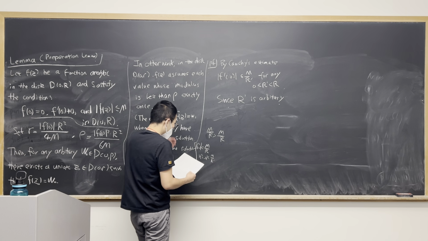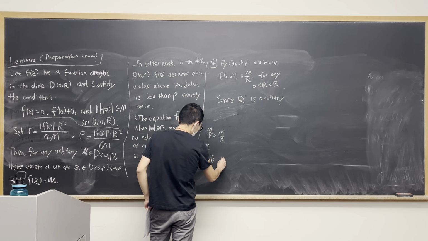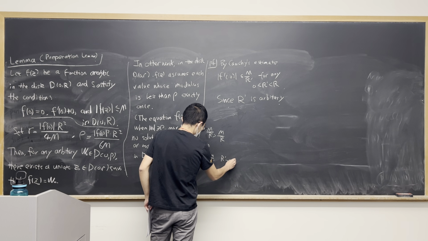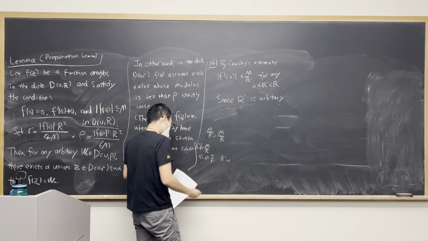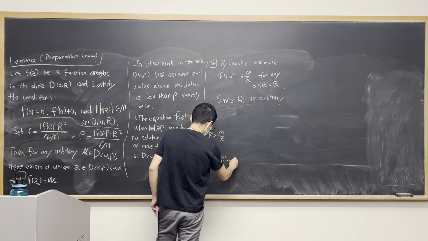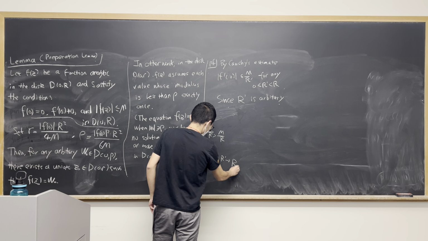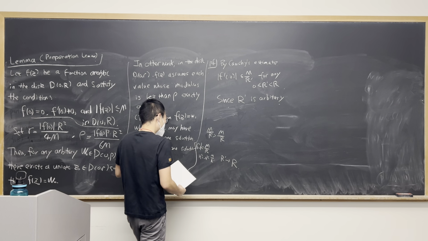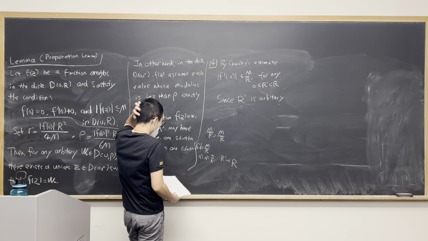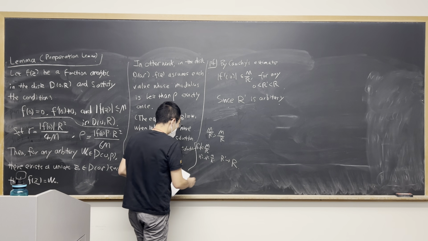Now let R prime approach this R. So why do we have this M prime 0 less than M prime?